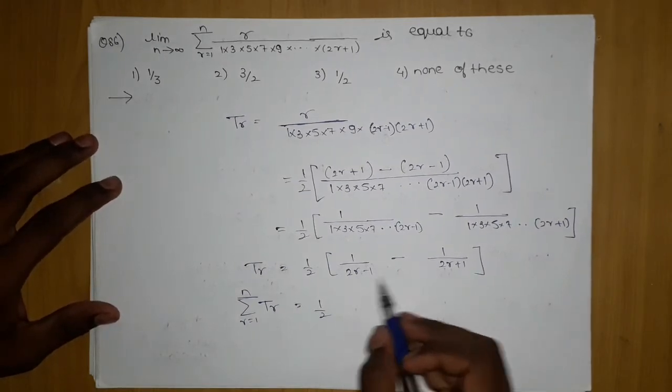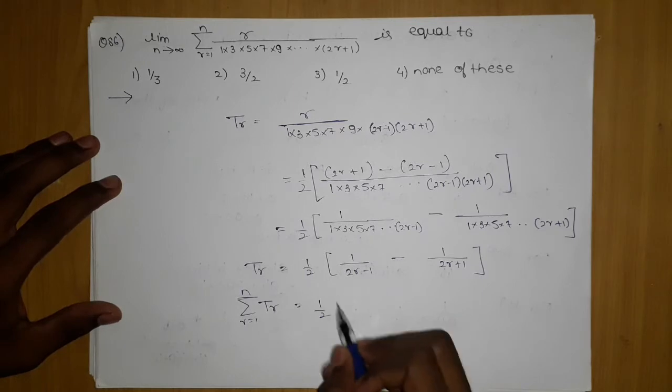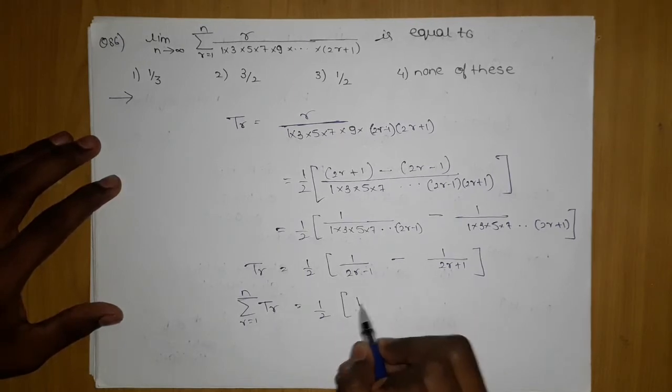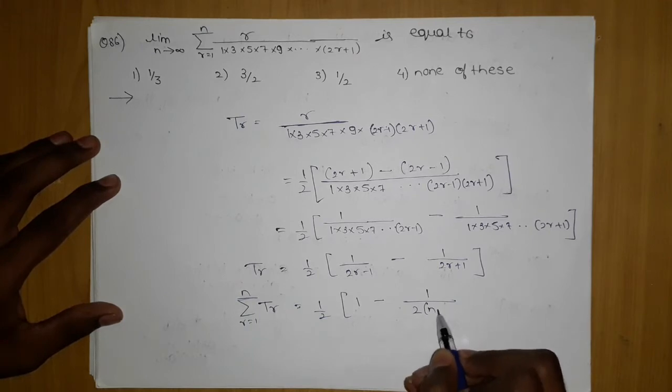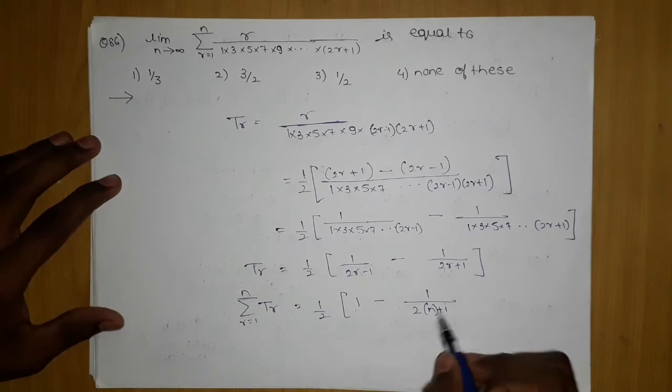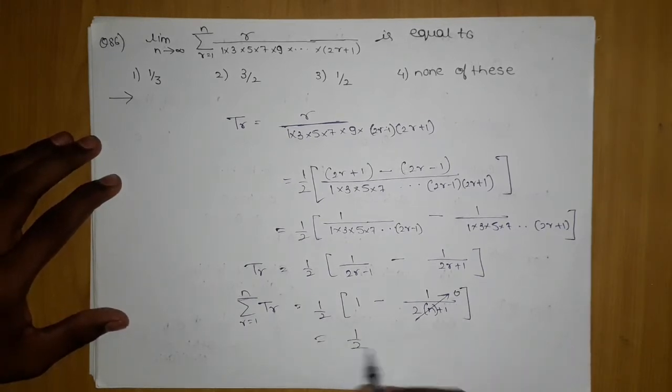If I substitute r plus 1 here, we get this. So we substitute 1 here, and then we get 1 here, and this will be nothing but 2 into n plus 1, which will turn to 0, giving my final answer 1 by 2.